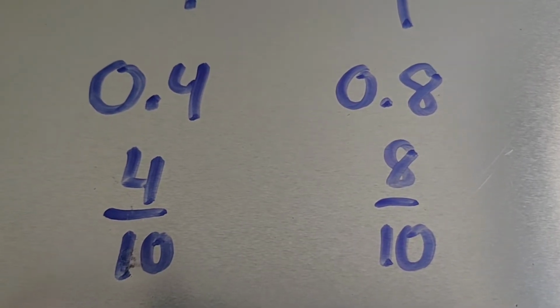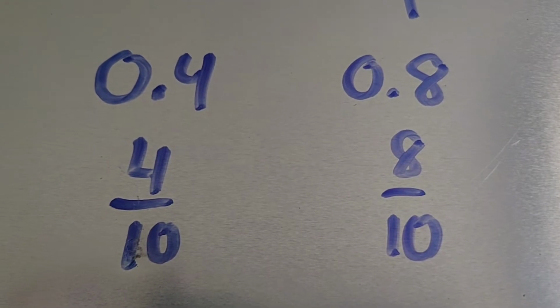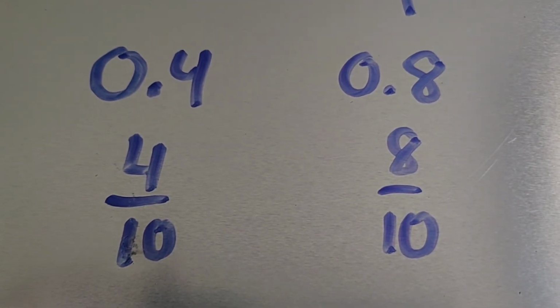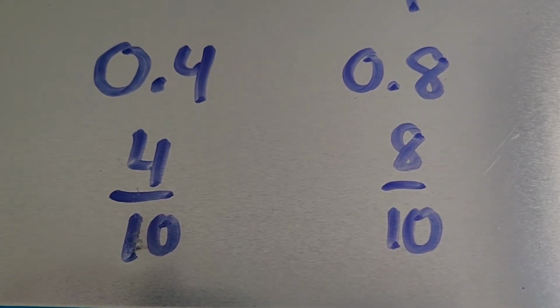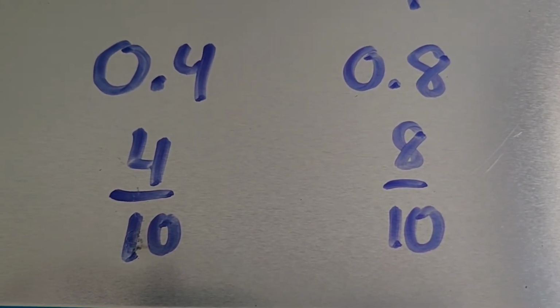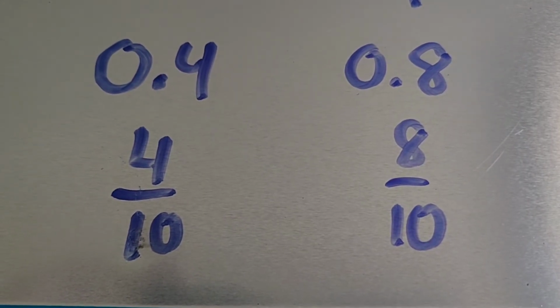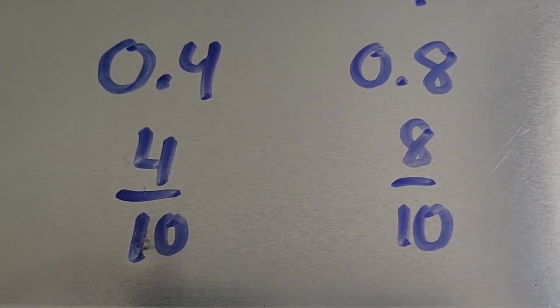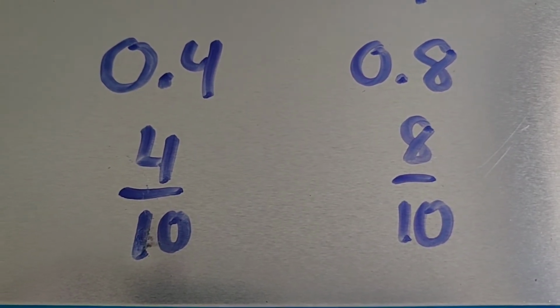And notice the denominator is the same in both of those fractions. It's tenths, which means our whole's broken into 10 equal parts for both of those fractions. But in the first fraction, 0.4 or 4/10, we only have 4 of those same size parts. And in the second fraction, 0.8 or 8/10, we have 8 of those same sized parts.